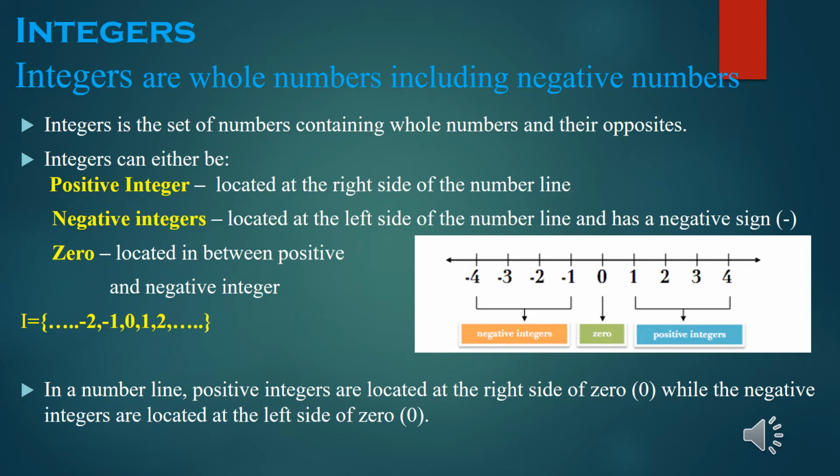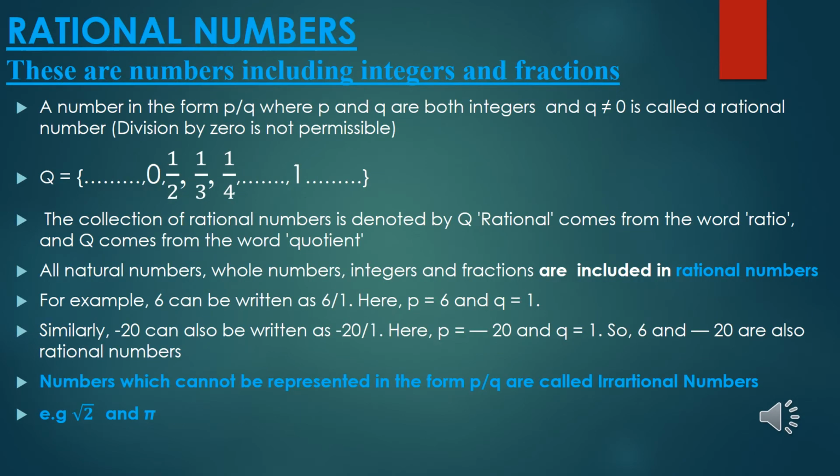In a number line, positive integers are located at the right side of 0 while the negative integers are located at the left side of 0. Look at the figure now.